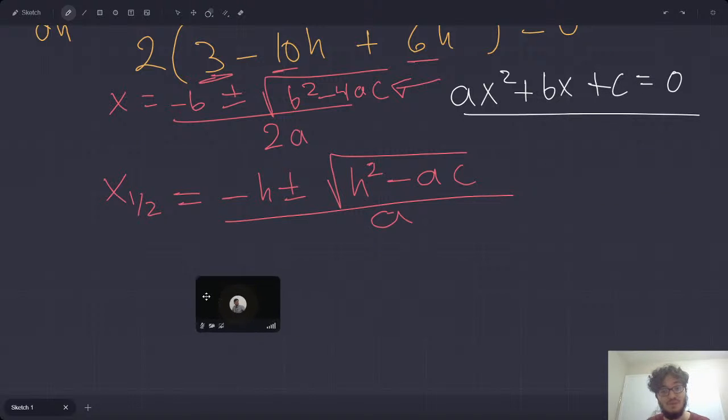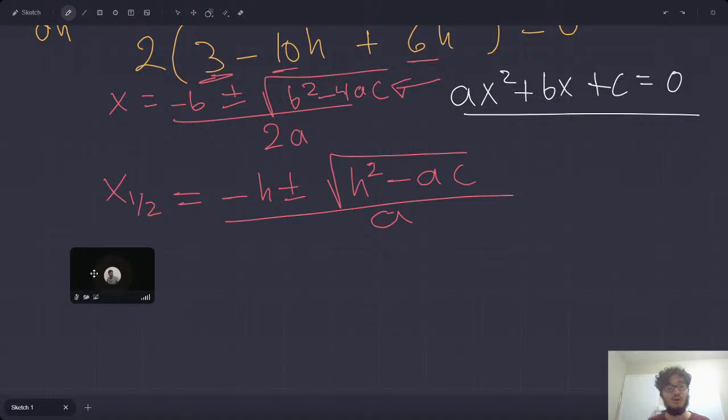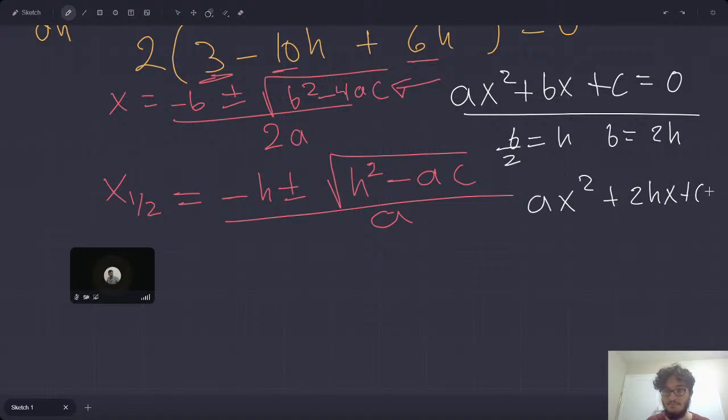The half quadratic formula runs on the idea that if b is even, I can split it in half, right? I can split it in 2. So split b into 2. If b is split into 2, I am going to call it h. If I call it h, then I know that b is 2h. So just substitute it into the form ax squared plus 2hx plus c equals 0.